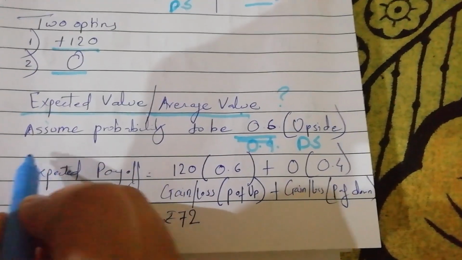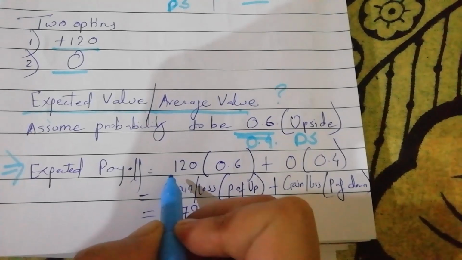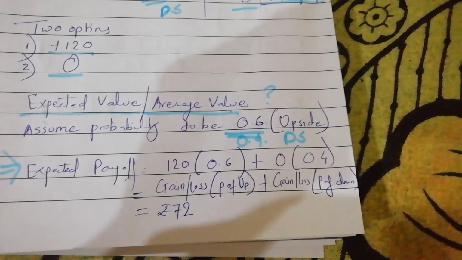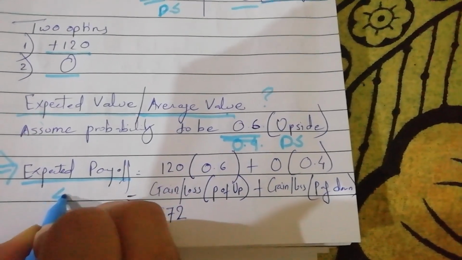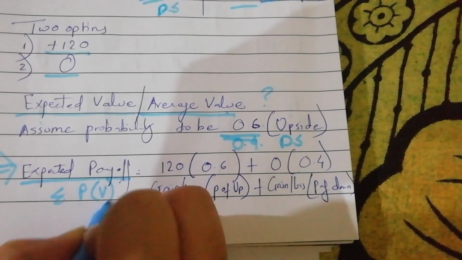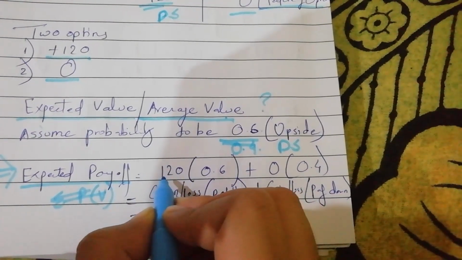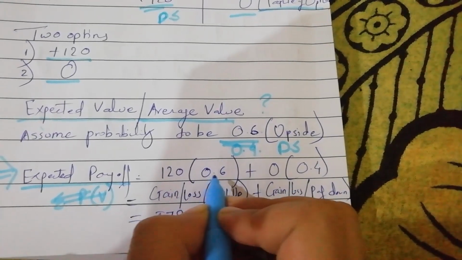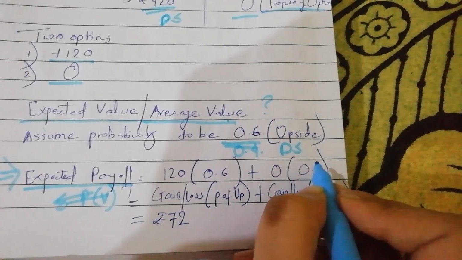So now we can say that the call option's expected payoff will be the summation of probabilities into the value. Okay, so what we do is 120 into the probability plus 0 into 0.4.